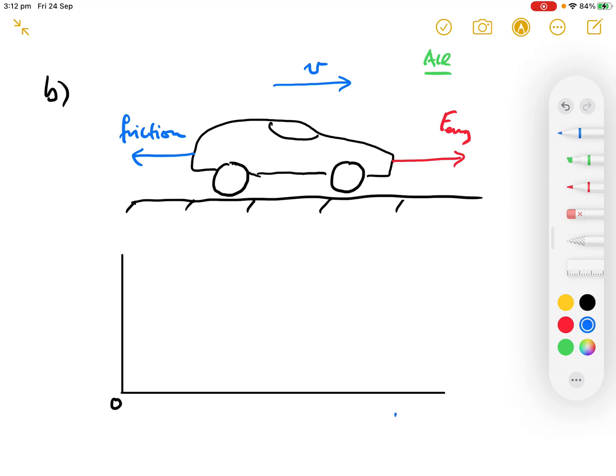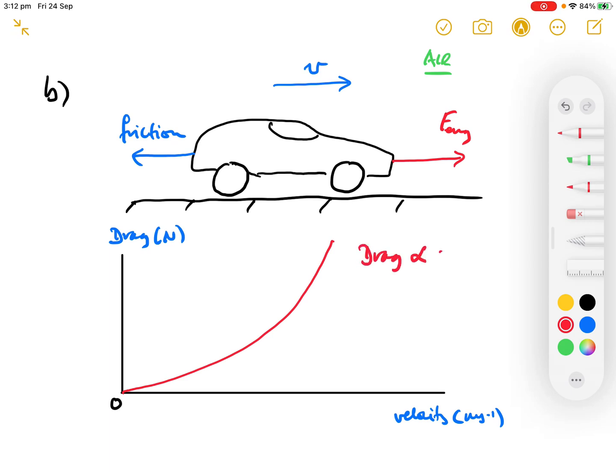But if you plot a graph of velocity in meters per second against drag, that's the air friction, and that would ultimately be in newtons, then what you find is that it rises very rapidly. In fact, the drag is directly proportional to the velocity squared.